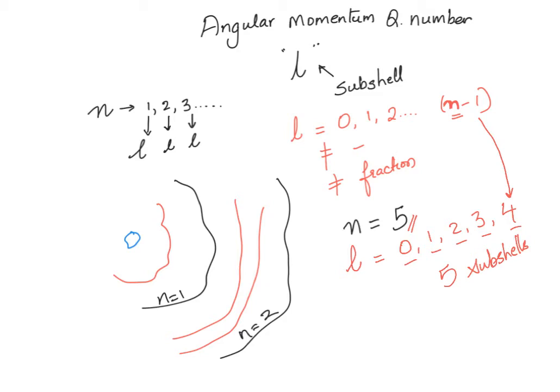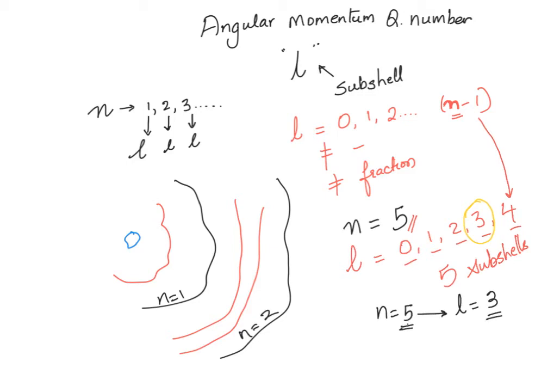Okay, now let's say we're talking about an electron, and this is a hypothetical situation. We're talking about an electron that is located in, say, third subshell. We have to say, well, this electron is located in n5 and l3. So there are two numbers and that could be confusing.